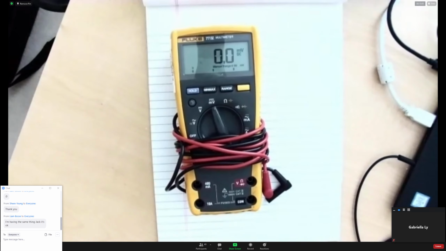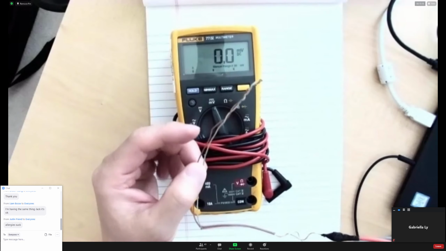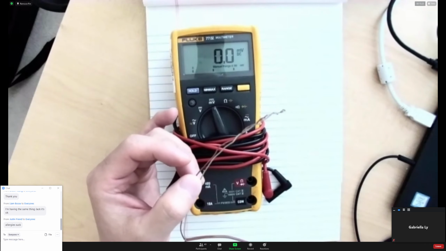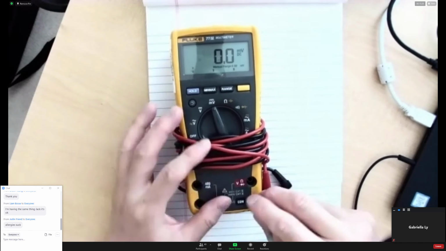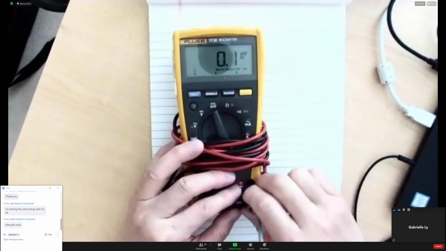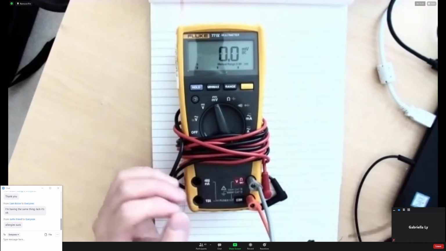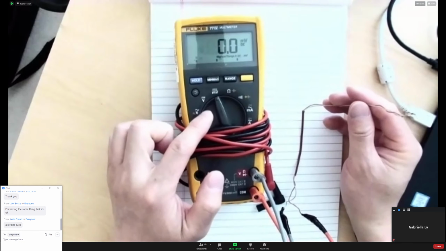Thanks. The second thing I'm going to show you here is two metal wires made of different material, and I can plug this wire into a multimeter. The multimeter is set on the millivolt range.